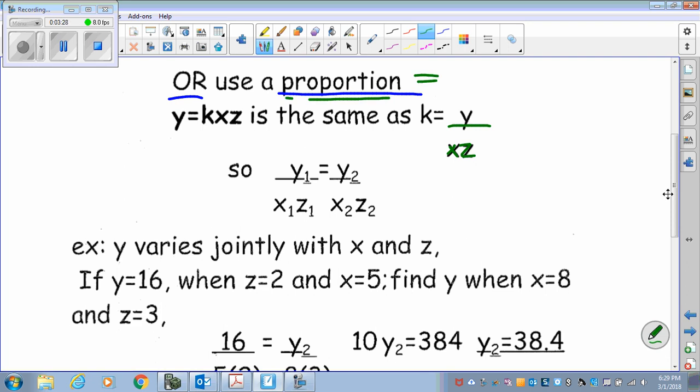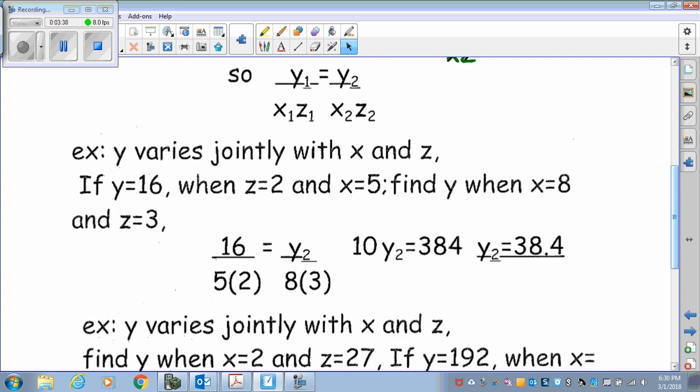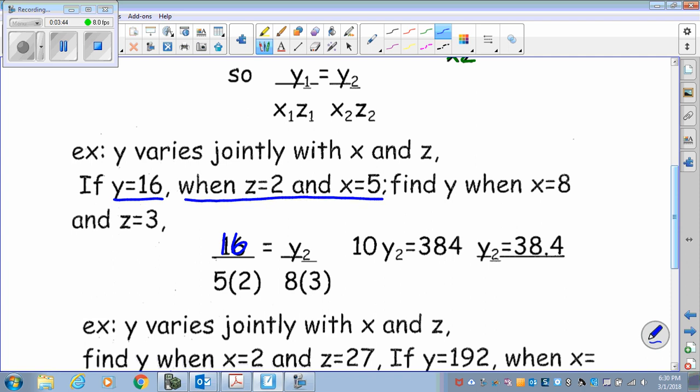So if we set these proportions equal to each other, y over xz equals y over xz. I can substitute in just like before. So I have y is 16, so that went here when this was true. So these three numbers go together: z was 2, and x is 5.